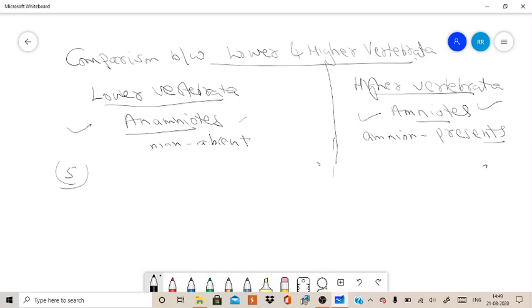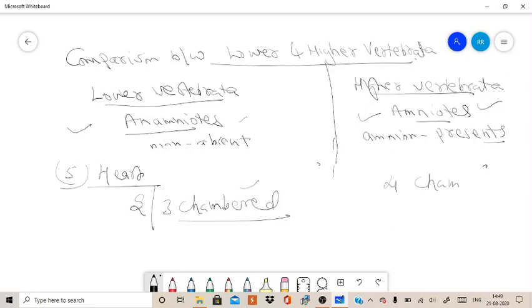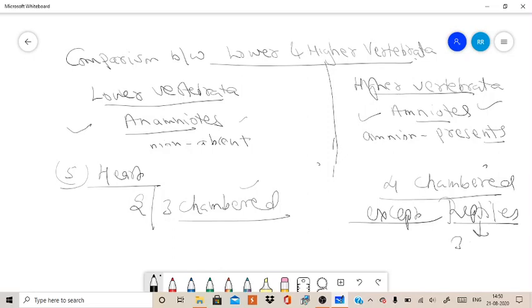Next, the fifth point is that the heart is 2 or 3 chambered, whereas it is 4 chambered in amniotes except reptiles, and in reptiles there are 3 chambers, but exceptionally in the crocodile, which is also a reptile, there are 4 chambers.